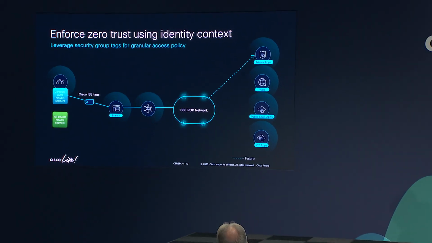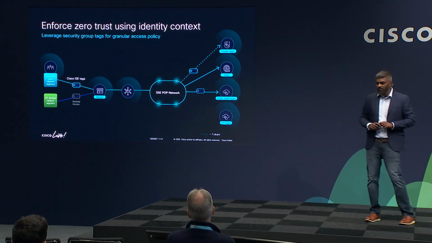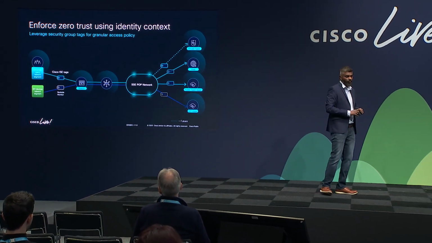Now, this is from a user standpoint. But what about devices? Things like IoT devices, cameras, sensors. How do we make sure that we're allowing access to them safely? This is where, if you think about identity context for devices, we specifically use something called security group tags.